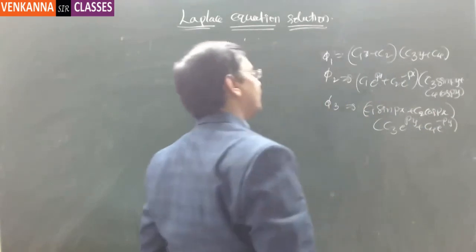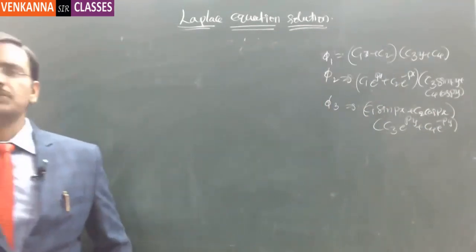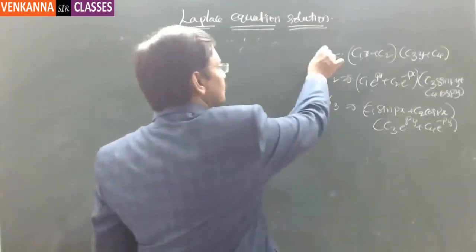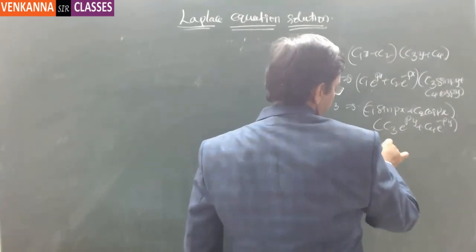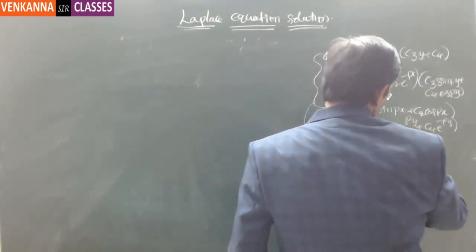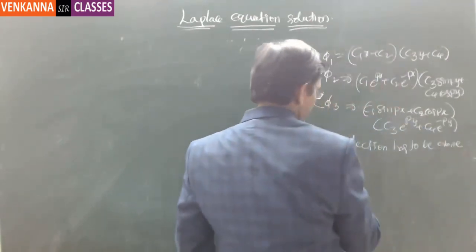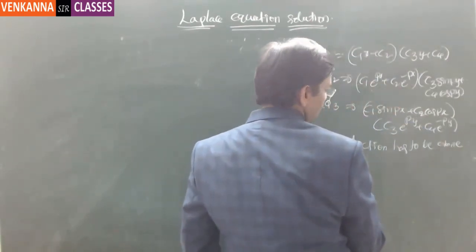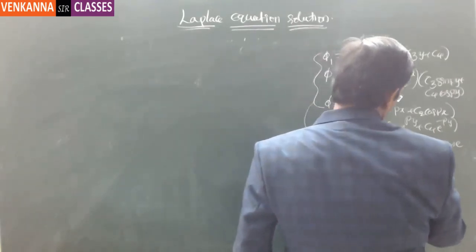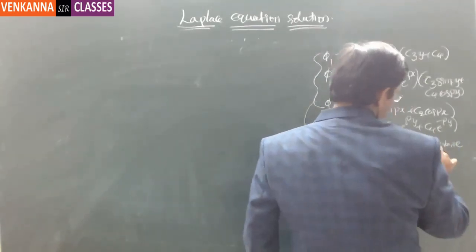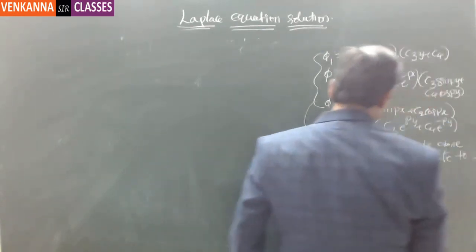So these are the three different solutions that we have got as part of the general solutions of the Laplace equation. Now, out of all the three solutions, the selection has to be done, that is more appropriate to the initial conditions.